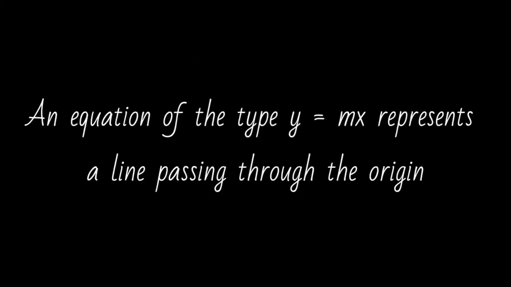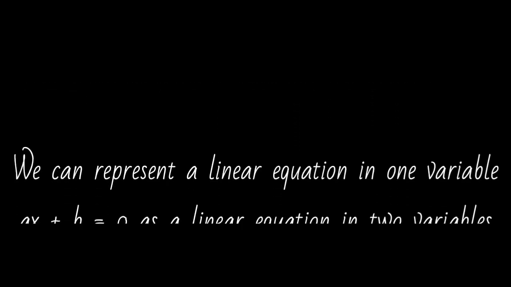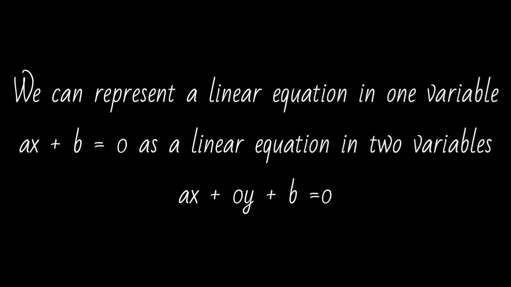The graph of an equation like y equal to mx, where m is a non-zero real number, will pass through the origin. We can write a linear equation in one variable as an equation in two variables by adding another variable with the coefficient 0.